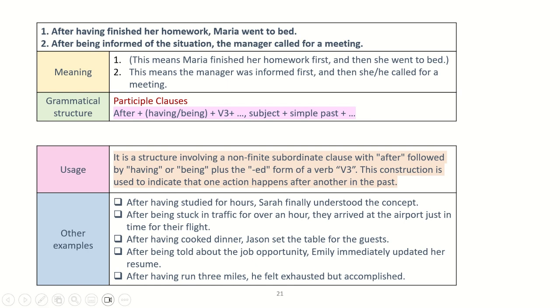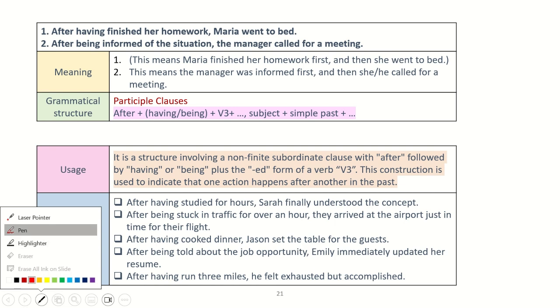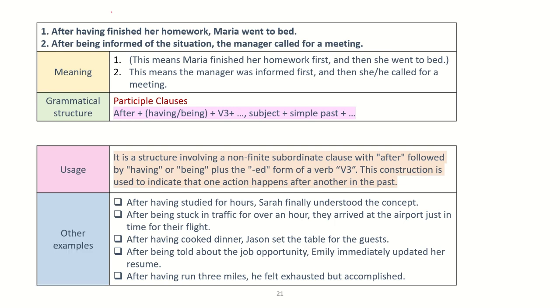I have this one, after having finished her homework, Maria went to bed. So this sentence implies that I have two actions, one happened before another one. So action one, Maria had finished her homework, then she went to bed.